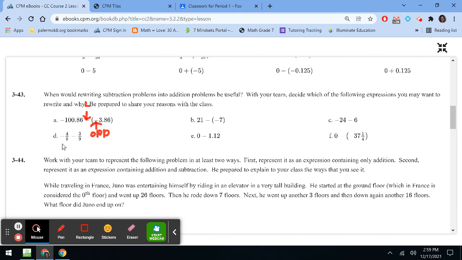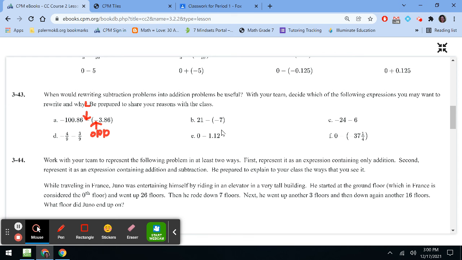What about this guy right here? I would say with this one, it's probably similar to this guy right here for the same reason. Although if I'm doing a number line, I'm right here, and this guy tells me to go to the left, I probably wouldn't need to rewrite it that way. This one here, we have 0 minus 1 and 12 hundredths.